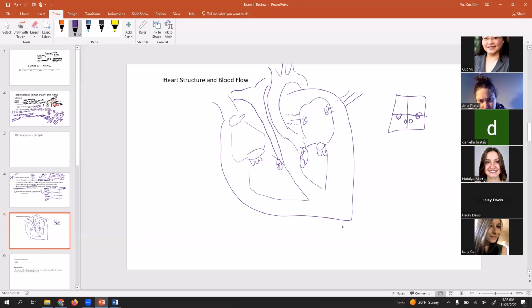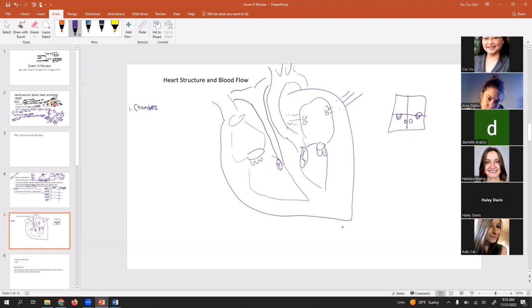As you're going through this, I would do it in two ways: one, in terms of what structures correlate with each other, and two, in blood flow. So let's do it first in structures that correlate with each other, and then we'll do it again in blood flow. First, I would do the chambers.